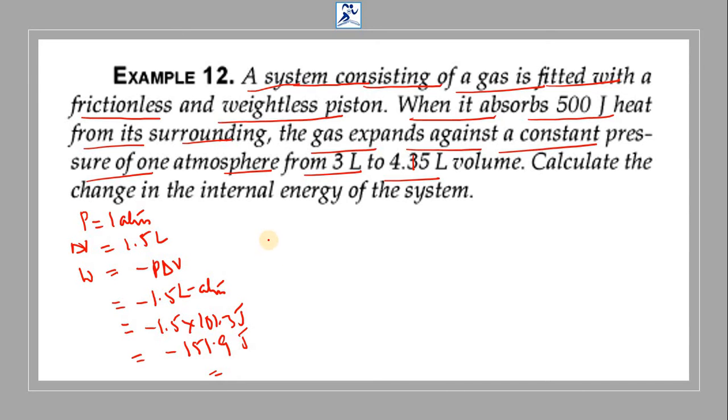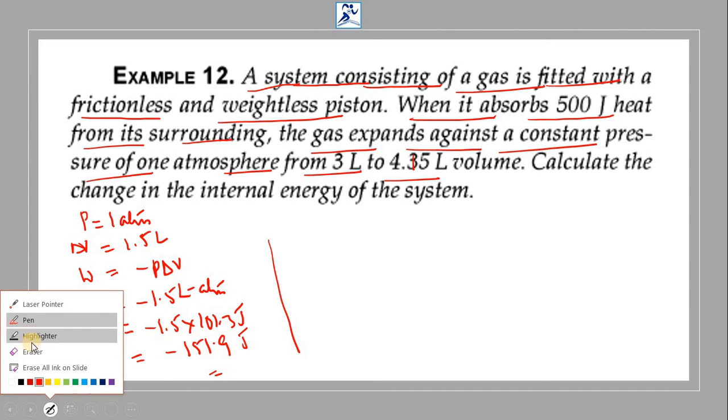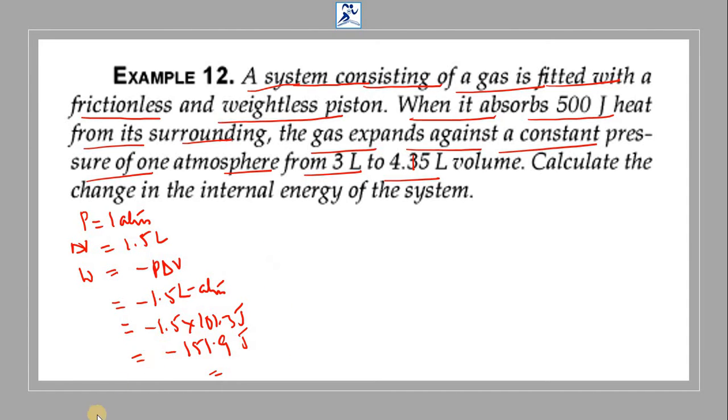After this, try to find out the internal energy change of the system. To find the internal energy change of the system, you should know the amount of energy which is absorbed here, that is the Q value, 400 joules.